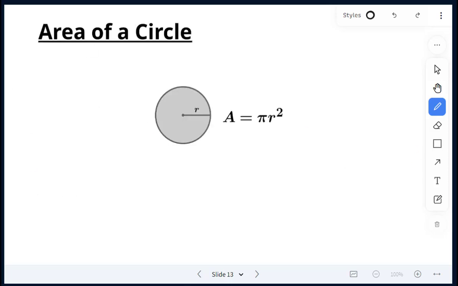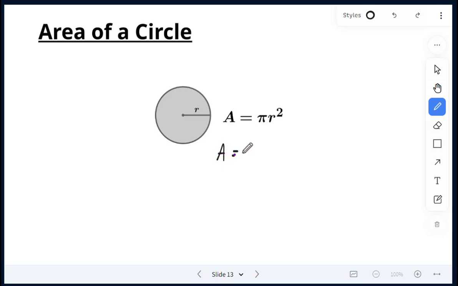Good. Okay, so next we are looking at the area of a circle. The formula for the area of a circle is pi r squared. You do have to know the radius to solve the area of a circle. So if you're given diameter, make sure you calculate the radius first before substituting it in.